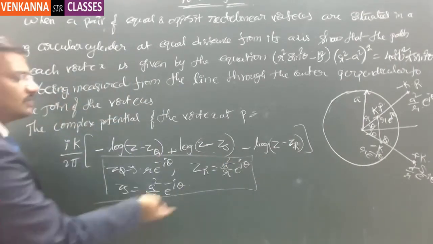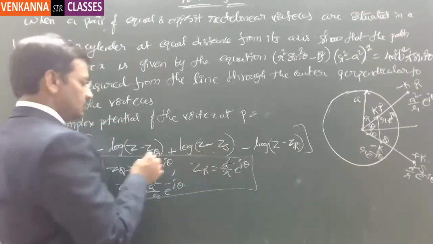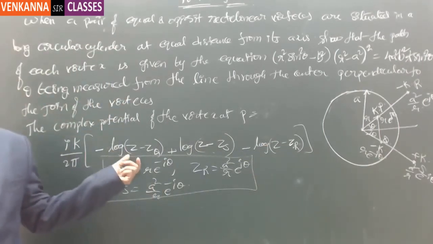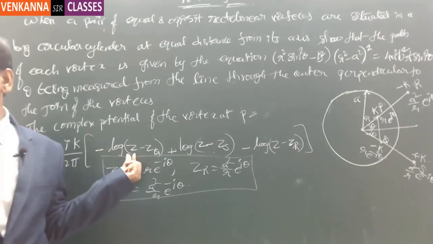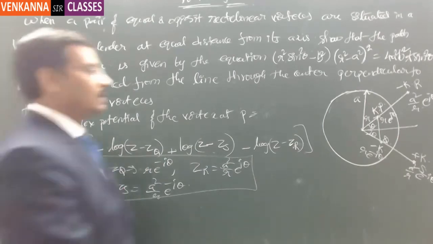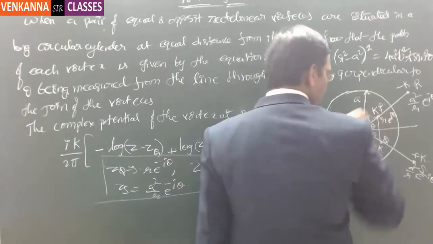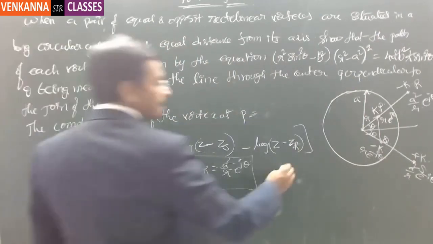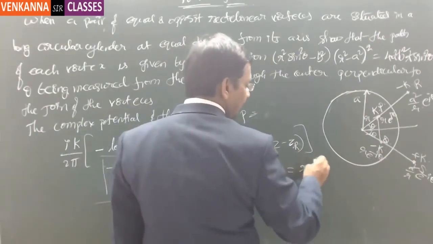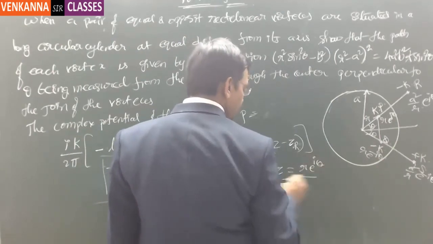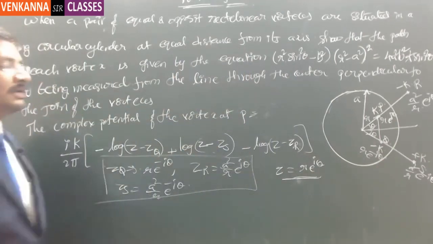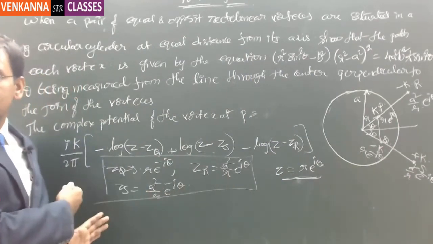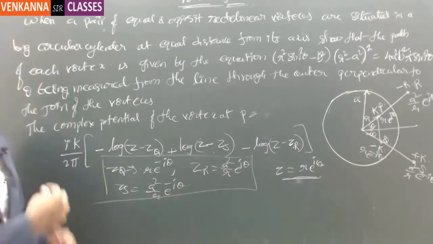Now these values we have to put in this equation. So you replace Z_Q, Z_S and Z_R, and then you can identify the value of Z. Z is nothing but r e power i theta, because this is the location for which we wanted to find out. So all these values you have to put here and then separate the real and imaginary parts, and then the imaginary part will become the stream function for us.